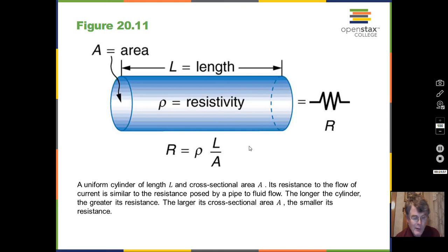And if the alpha is 3 times 10 to the minus 3, then we can find the delta T by taking 1 divided by 3 times 10 to the minus 3. So about 333 degrees Celsius would be the temperature increase that would double the resistivity.